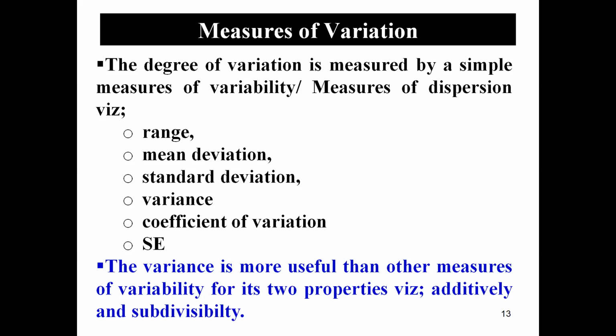If we add both, they will give rise to phenotypic variance. This is additivity. In other words, it can be subdivided. Suppose genotypic variance can be subdivided into additive variance, dominance variance, and interaction variance. So additivity and subdivisibility are the two important properties of variance, and that's why it is more useful.